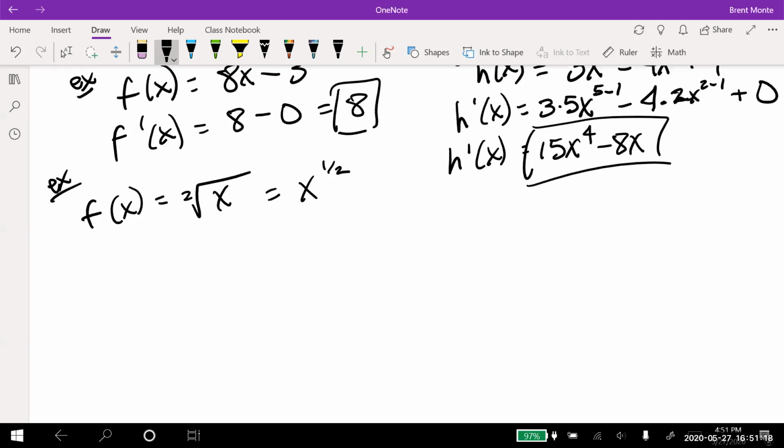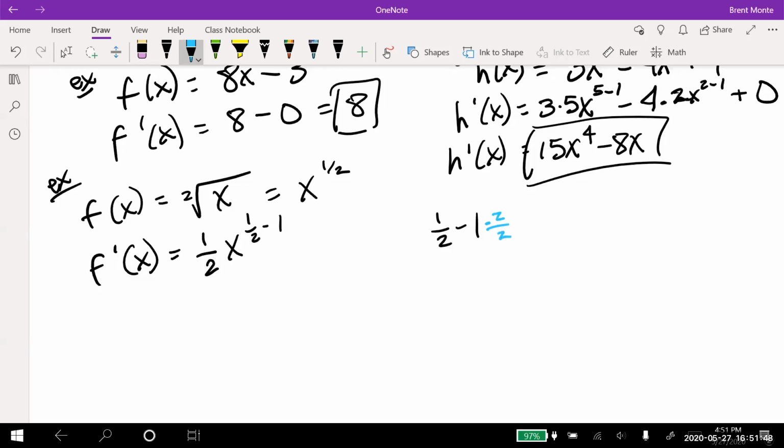Now it's a power. Now I just use that power rule again. So the derivative, bring the exponent down in front, drop the exponent by 1. Now, we'll show that off to the side. The 1/2 minus 1, hopefully you'll get this quickly in your head, but the idea is I need a common denominator, so we'll make that 2 over 2.